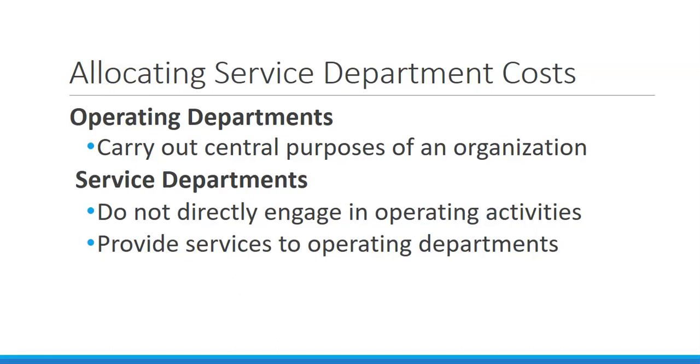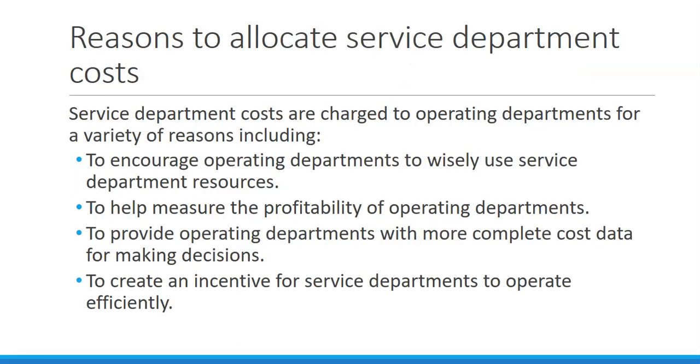So how we allocate service department costs is always a question within companies. We charge them to the operating departments, one, to encourage our operating departments to use our company resources, using internal resources versus going to an outside supplier. It helps to measure the profitability of operating departments by showing true costs.